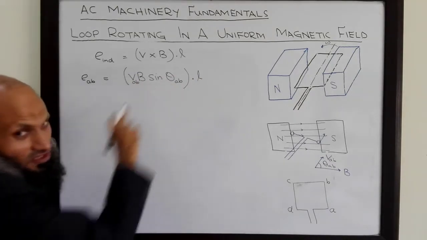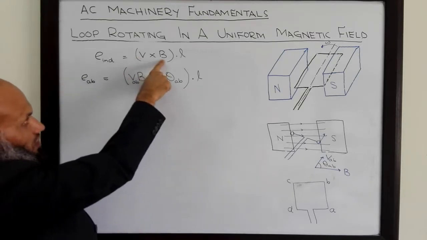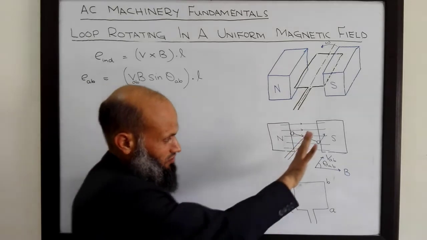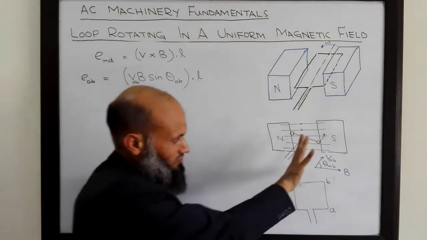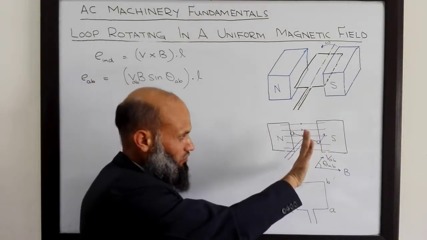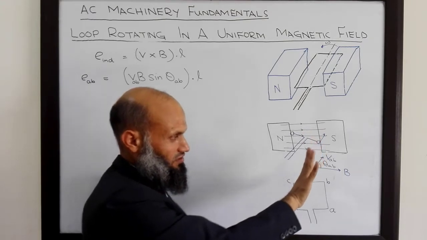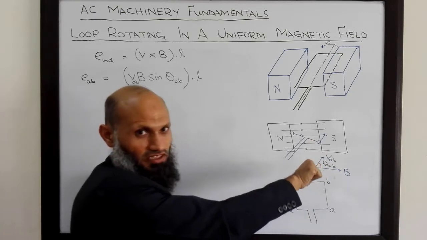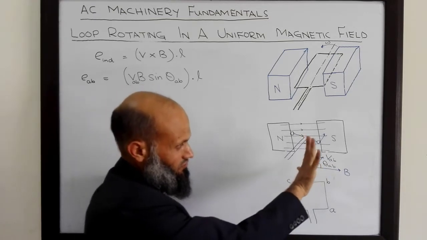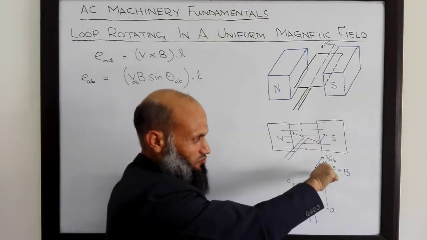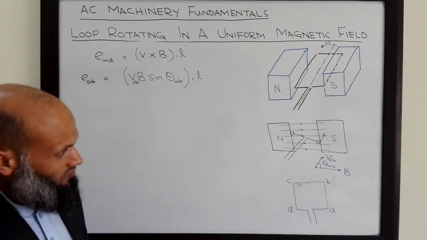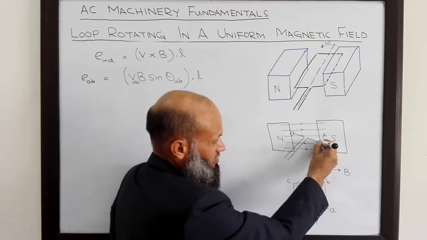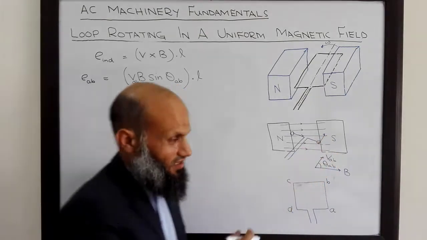What is the direction of V cross B? The direction of V cross B can be determined in several different ways. The simplest one is by the grip rule. If we rotate the first vector in the direction of the second vector, then the thumb will indicate the direction of their cross product. So V_AB cross B is into the surface of the board. That is in this direction, which is then parallel to the length vector.